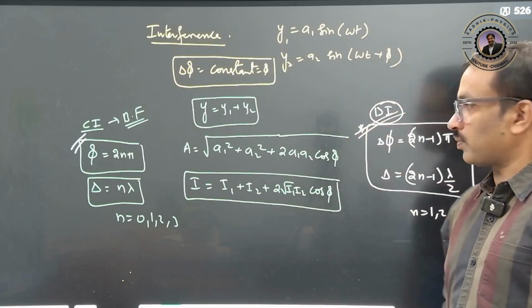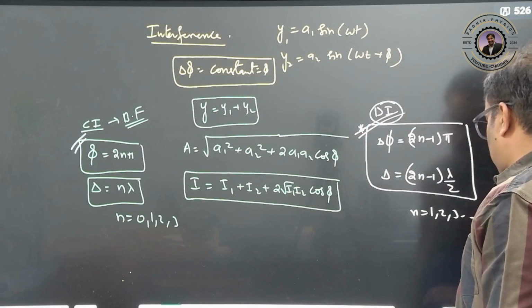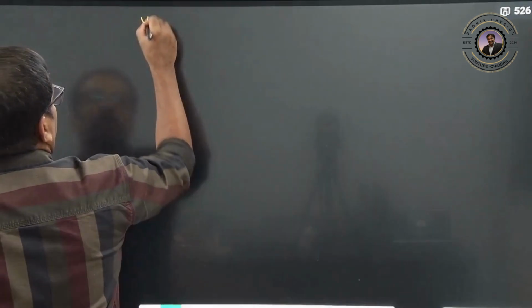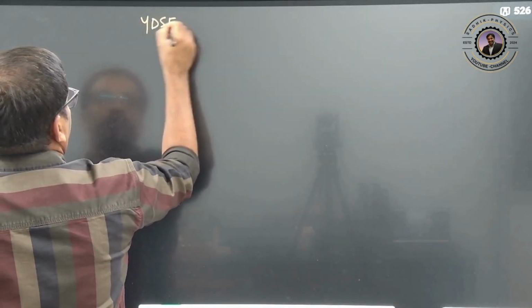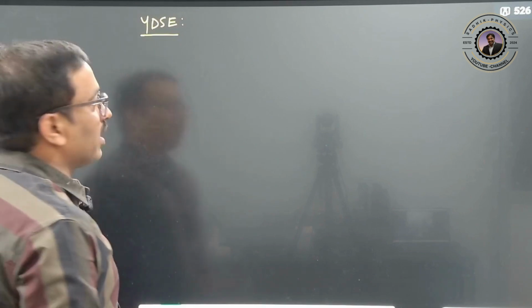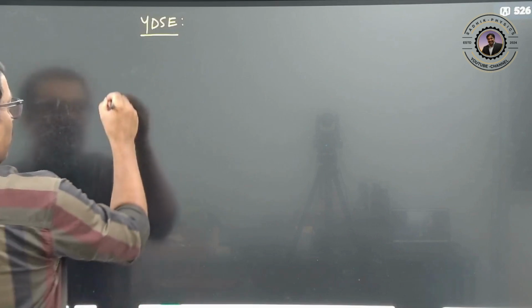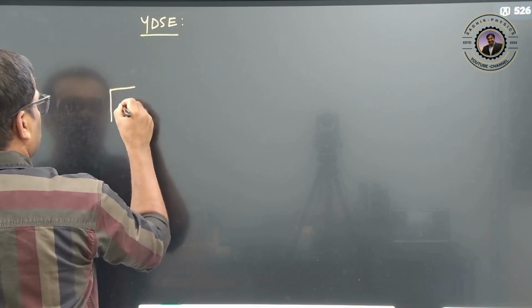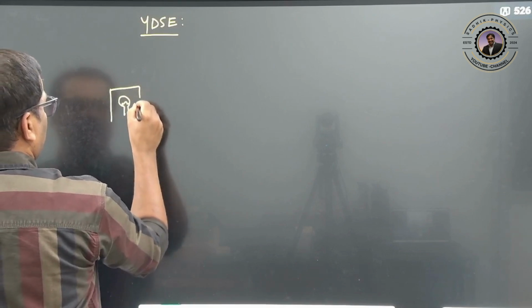Clear? Right? So what is the YDSE experiment? Let us see. In Young's double slit experiment, Young took a bulb, mostly a yellow color light, a sodium lamp.